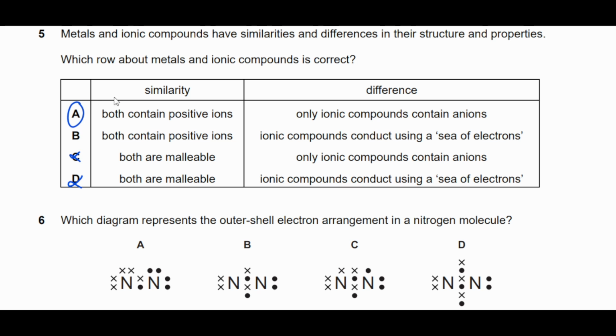So A is the correct answer because only metals, right? Only metals conduct using a sea of electrons. Ions have a charge, so that's how they conduct electricity using ions. But metals conduct using a sea of electrons, so the answer has to be A.